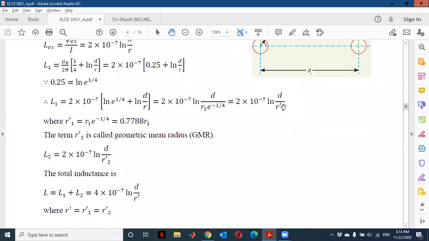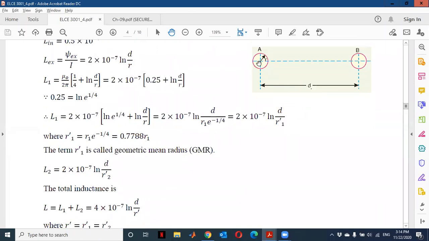Now, the equation to calculate the total inductance, which is L1 plus L2, equals 4 times 10 to the power minus 7 ln d over r dash.